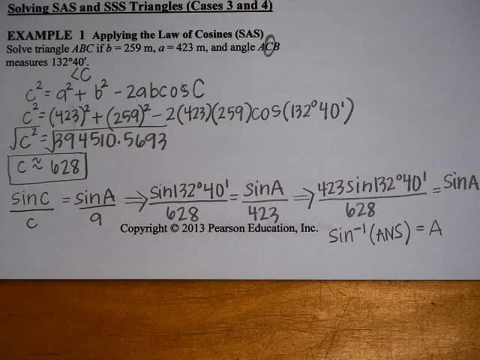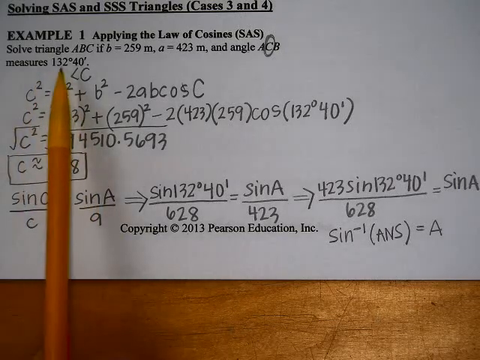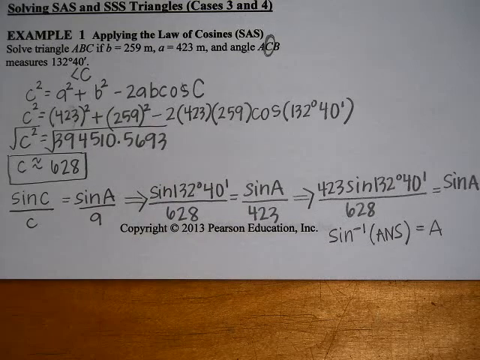What are you getting? 29.688, and so on. Yes. But your angle measure was originally given in degrees and minutes. So you can either take what's after the decimal and multiply that times 60, or you can do second angle and go down to your DMS.